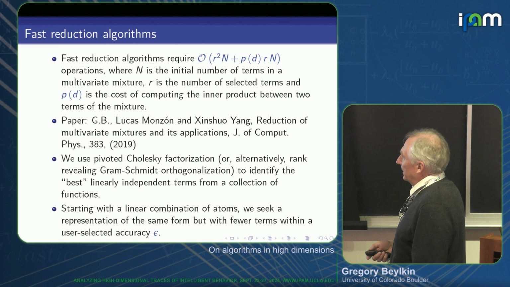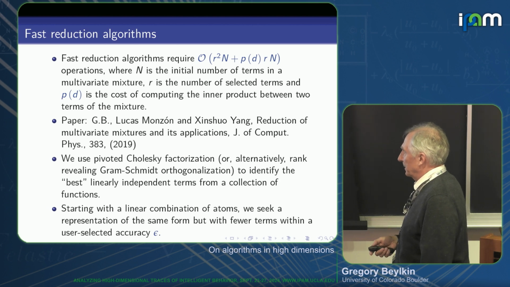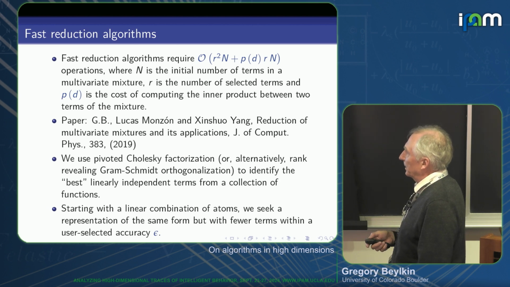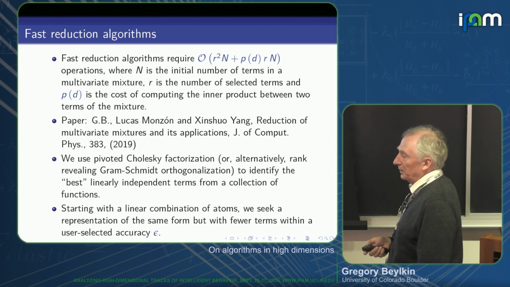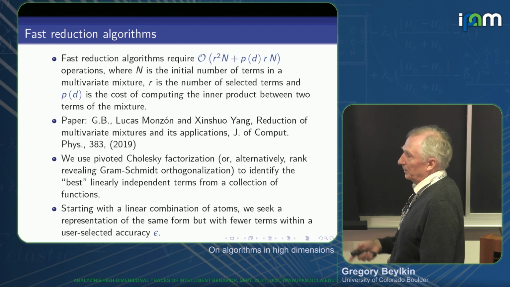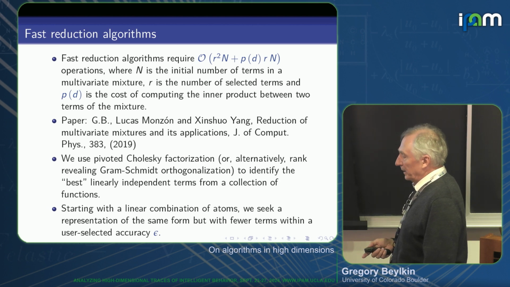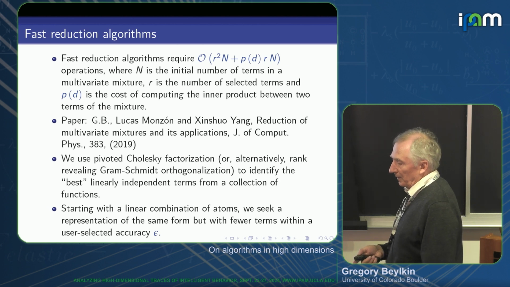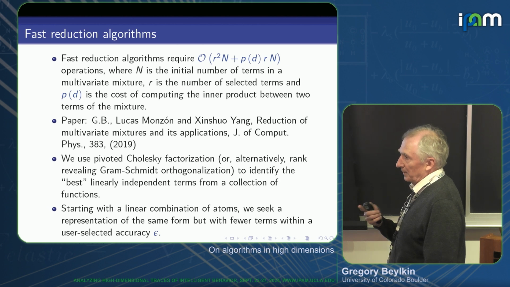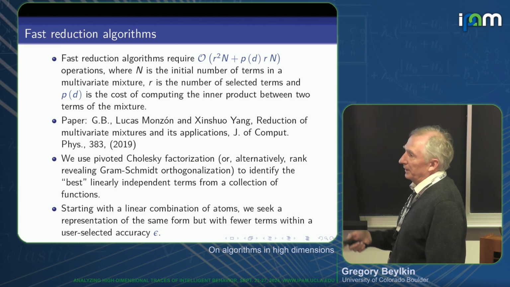The algorithm uses pivoted or partial Cholesky factorization, and we've shown that you get exactly what you would get if you were to have the full Gram matrix. Let me explain why it works. If you have a positive definite symmetric matrix, which is the Gram matrix, you can pivot along the diagonal.